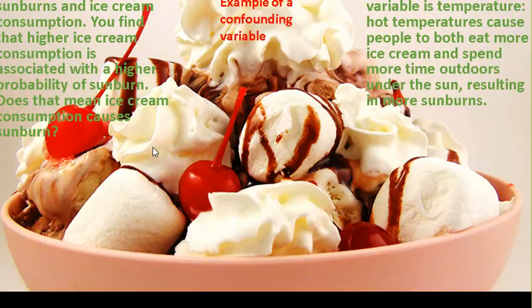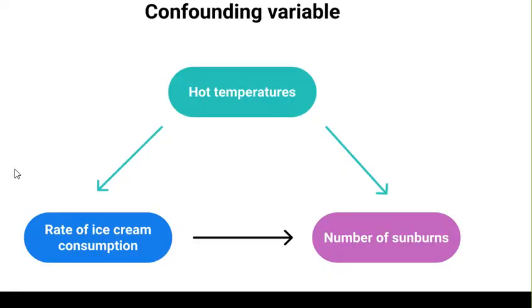So that's your confounding variable. Your confounding variable is linked to both of your other variables. It's associated with both of these, but there's a causal association between your dependent variable and your confounding variable. It's the hot temperatures, it's the sun that causes your sunburns, not the rate of consumption of ice cream.